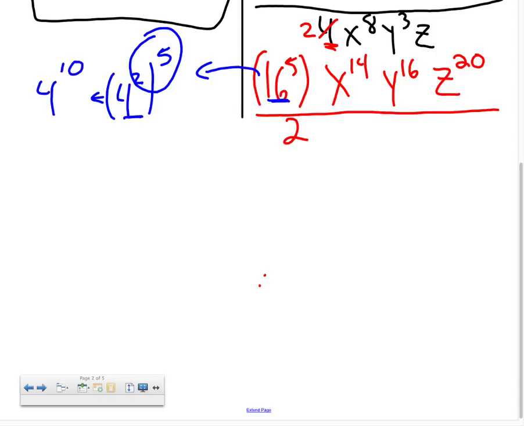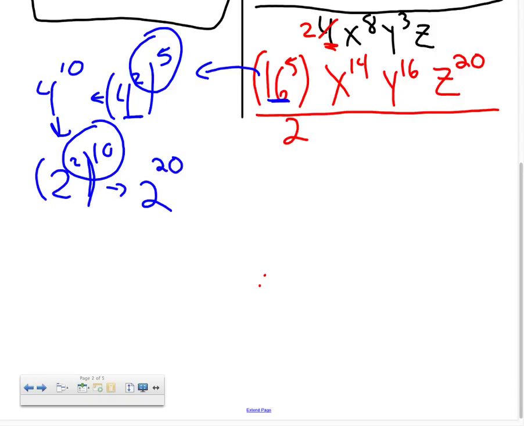But even more, 4 itself can be done this way as well, because 4 itself is 2 squared, right? So I could replace the 4 with 2 squared to the 10th. And once again, I have a situation where I have an exponent to an exponent. I'm like, okay, I can do that. That's going to be 2 to the 20th.